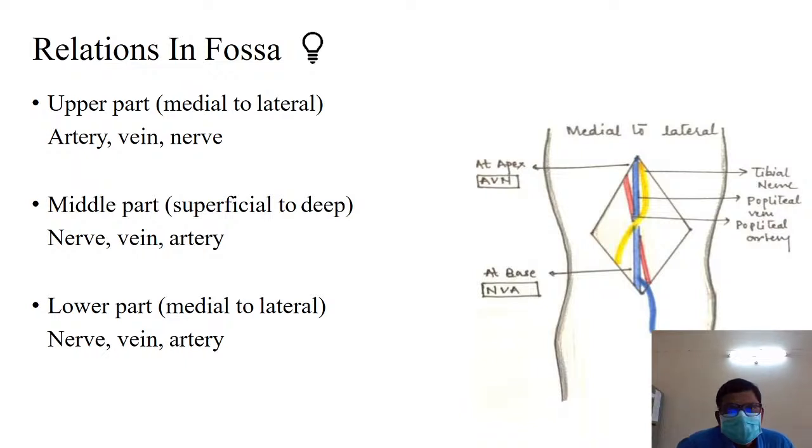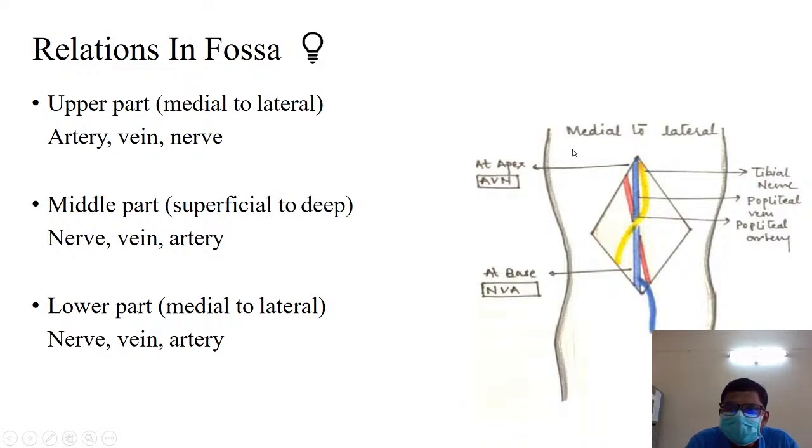Now the relations of the popliteal fossa. This is the most important point which you have to remember. The important topic of today's lecture is the relations of the neurovascular structures in the popliteal fossa. Neuro includes nerves, vascular includes arteries and veins.